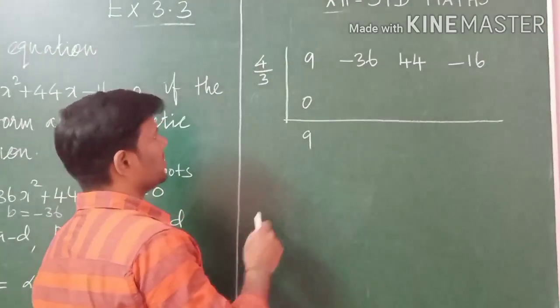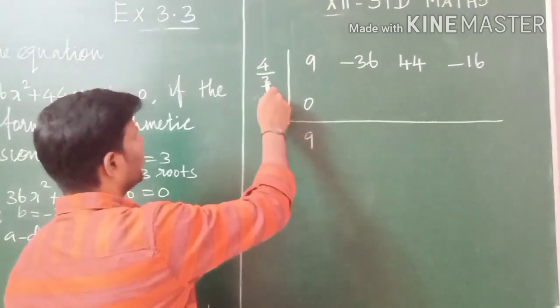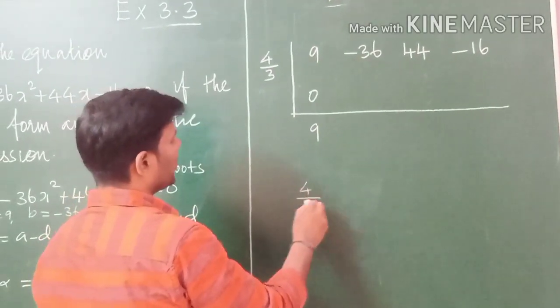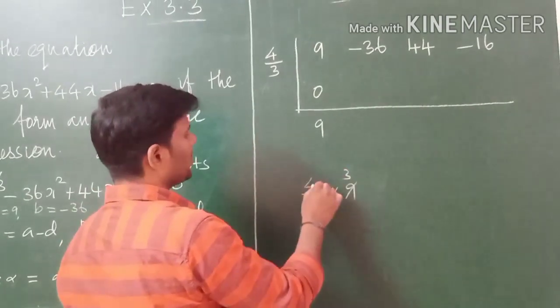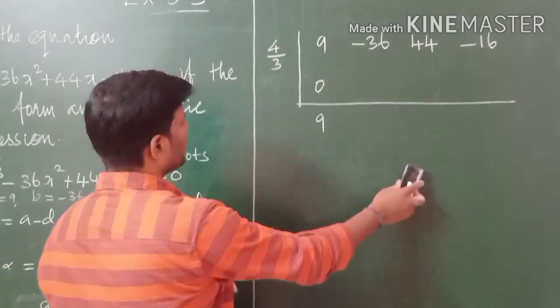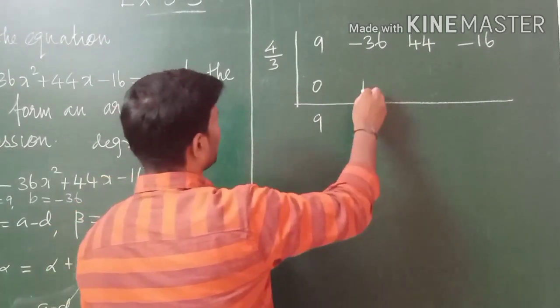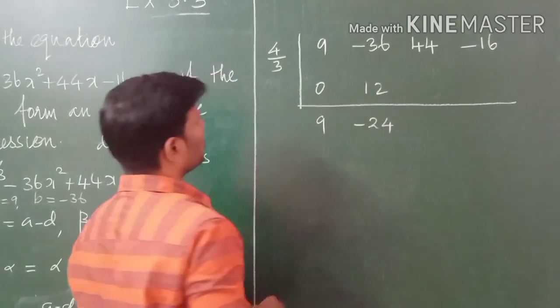Second row, first entry 0, and the root is 4 by 3. 9 plus 0 is 9. 4 by 3 into 9: 1 3 is 3, 3 3s are 9, so 4 3s are 12. So 4 by 3 into 9 is 12. Write it here. So minus 36 plus 12 is minus 24.